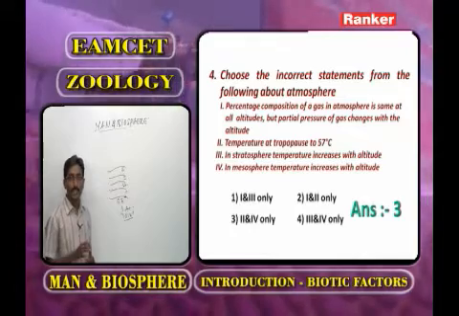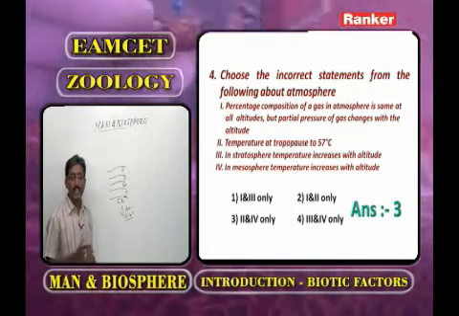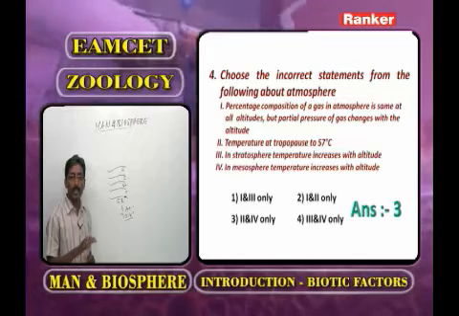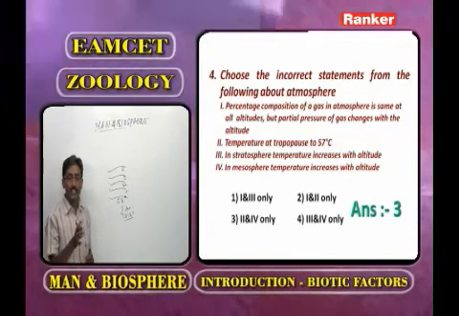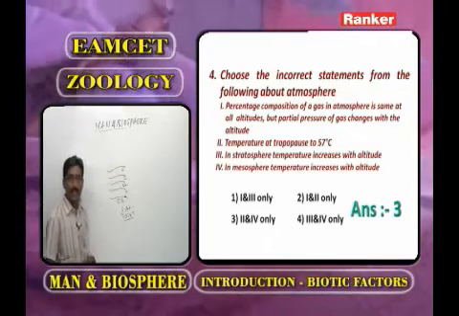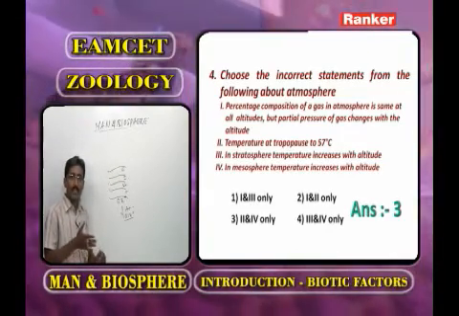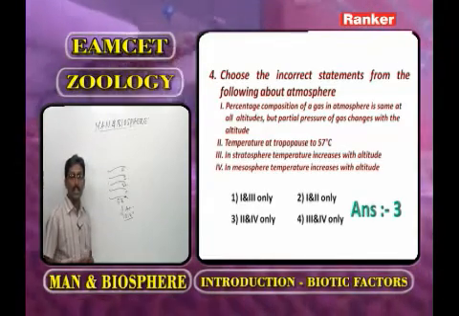The percentage of various gases is the same at all altitudes, but the partial pressure changes with altitude. That is the correct statement, because irrespective of altitude the percentage is always constant.